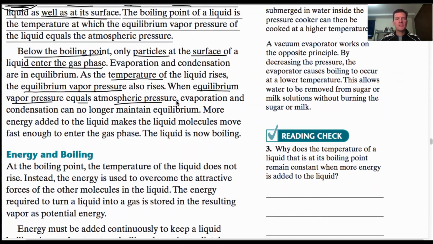Okay? So that's an important point with boiling. Something is going to reach its boiling point when the vapor pressure of those gas particles equals the atmospheric pressure.